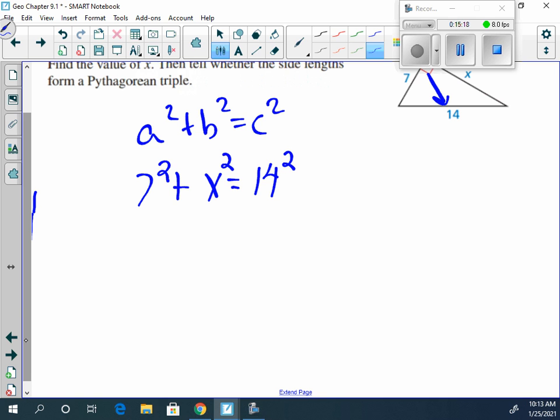So this one here, we're going to have to do a little bit more math. We'll have to do a little bit more to solve this. Now we can simplify this here. 7 squared is 49. X squared is still x squared. And 14 squared is 196.